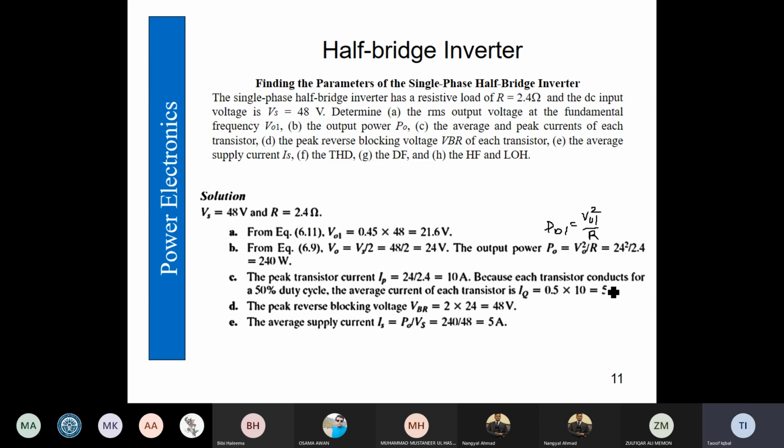And because each transistor conducts only for 50% of the duty cycle, the average current drops from that peak to half, and that is 5 ampere is the average current for each transistor.